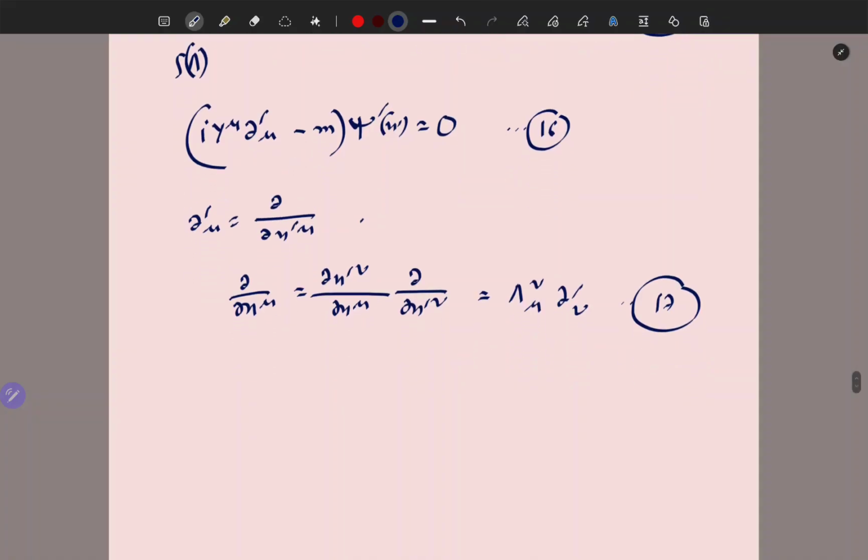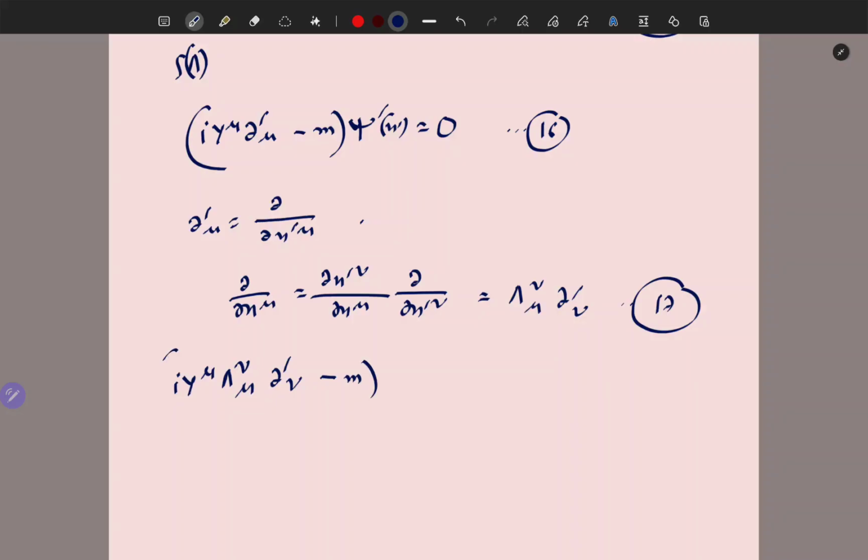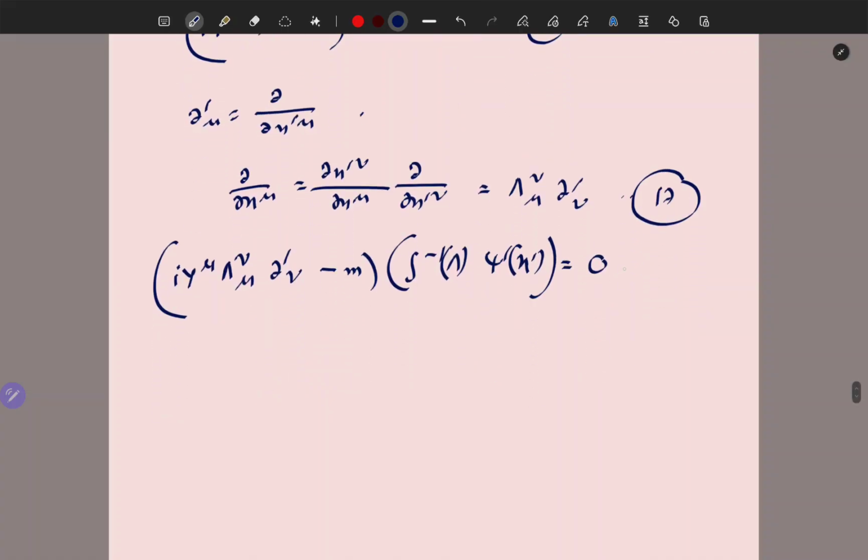Using equation number 2 and equation number 1, we can write i gamma mu lambda nu mu del prime nu minus m S inverse of lambda psi prime of x prime equals 0. This is equation number 18, where psi of x can be written as S inverse of lambda psi prime of x prime.